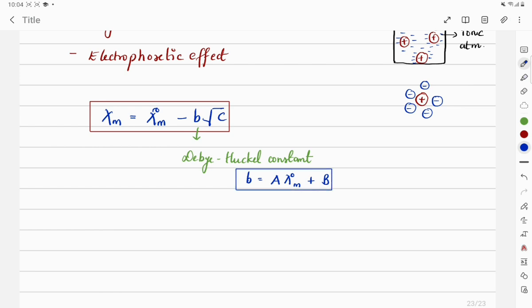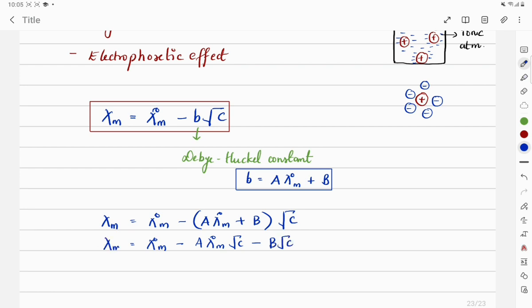Now if you put this into this equation, you will get that lambda m equals lambda 0 m minus A into lambda 0 m plus B whole into root C. Now let's just expand the bracket. I'll have lambda 0 m minus A lambda 0 m root C minus B root C. This is the final equation that you're going to get.